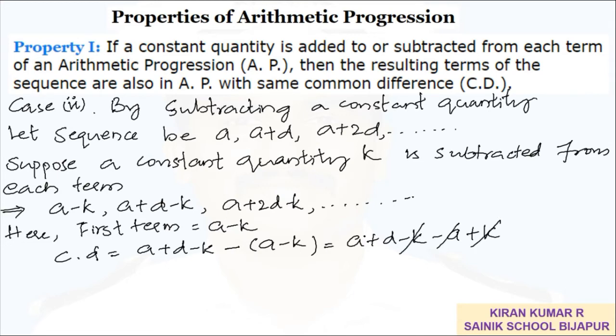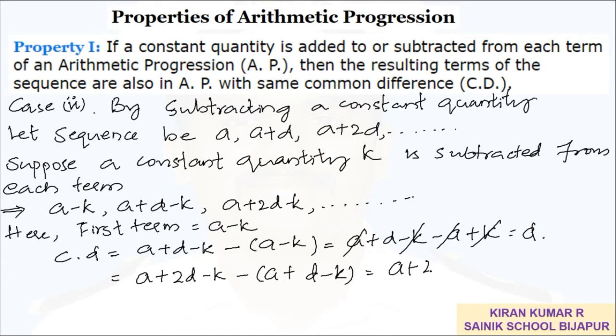Here they get cancelled. We get d as the difference. Suppose if you take third term minus the second term, it becomes a plus 2d minus k minus a plus d minus k. K gets cancelled, a gets cancelled, 2d minus d. Again we get it as d.